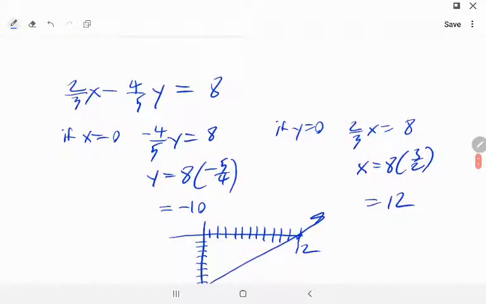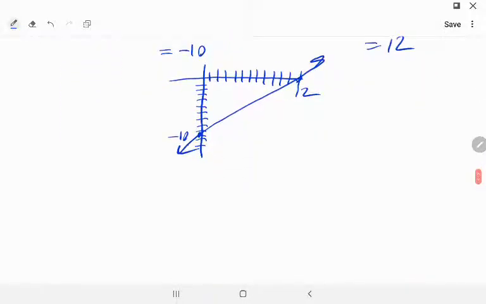Alternatively, we could have looked at that 2/3 x minus 4/5 y, and we could have multiplied both sides by 15 to clear away denominators.